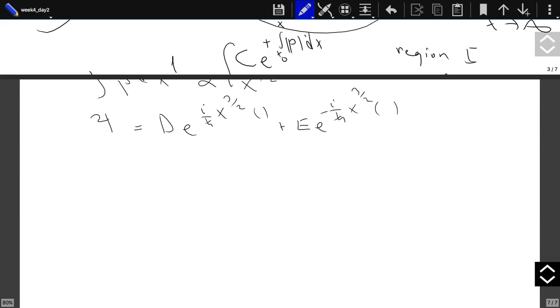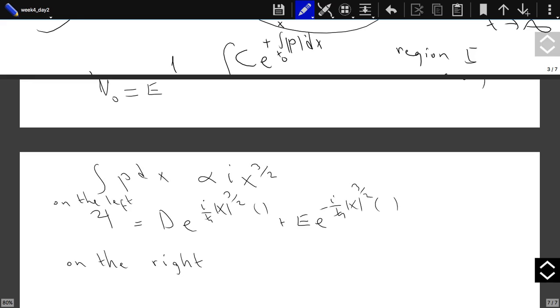Now, on the right of the turning point, this is on the left. We took the p dx integral and said it's proportional to i x to the power 3/2. And this additional i, this is not an additional i. No, not that one, I mean this one. You should have like i squared maybe.